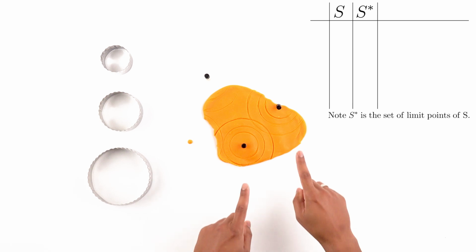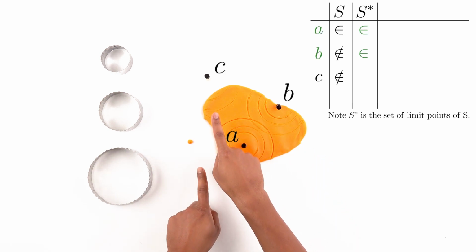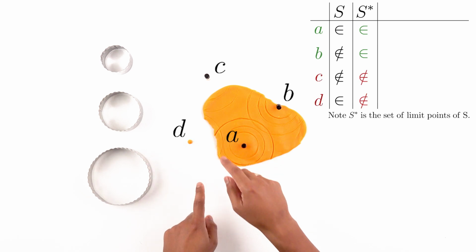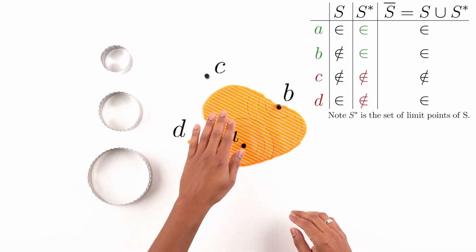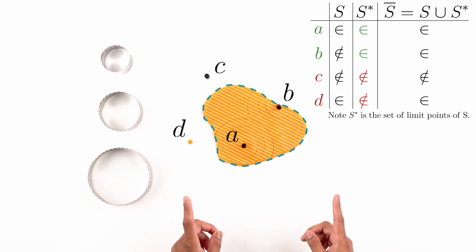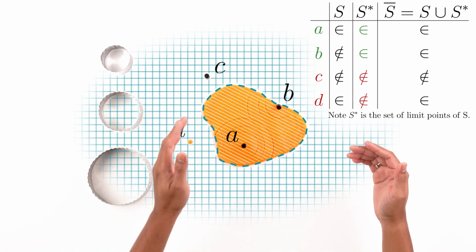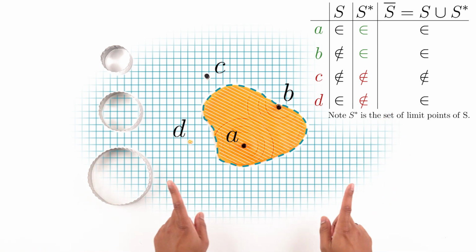Recall we checked that A and B are limit points of S, whereas C and D are not. Continuing these ideas, any point inside the mango or along the edge will be a limit point. Any point outside the mango or an isolated speck will not be a limit point.